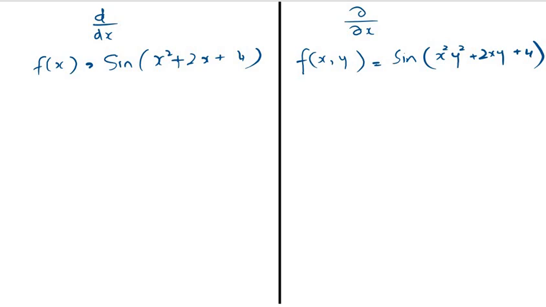So if we use this with respect to x, we use the chain rule. So we do differentiation with respect to x of f(x). So sine would become cos, and we keep the second part of it the same, x squared plus 2x plus 4. We are using the chain rule. Now we have to differentiate what's inside the brackets, so we multiply it by the derivative of what's inside the brackets.